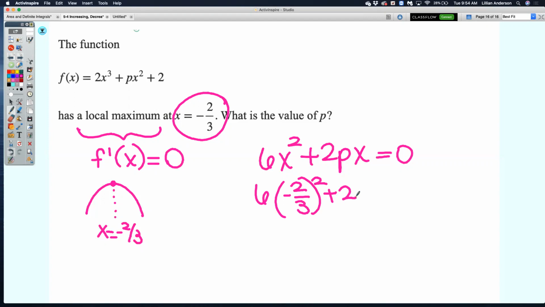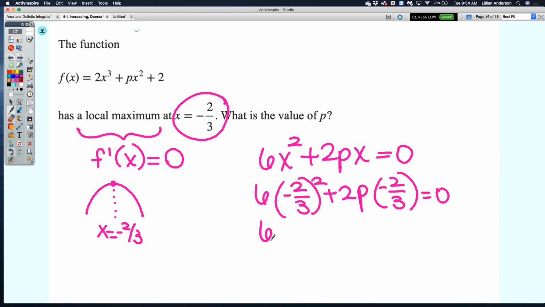So in this particular problem, we were pretty much working backwards because we already knew what x was. We just had to plug it back into the derivative to help us figure out the value of p. Not the original, because remember, if we plug an x value back into the original, we're getting a y value. And right now, I don't even have p to find an original y value.